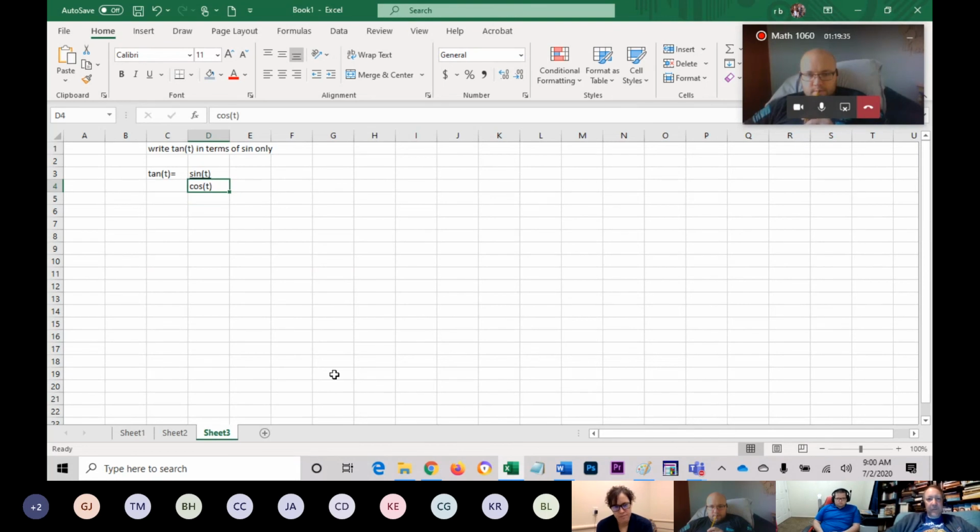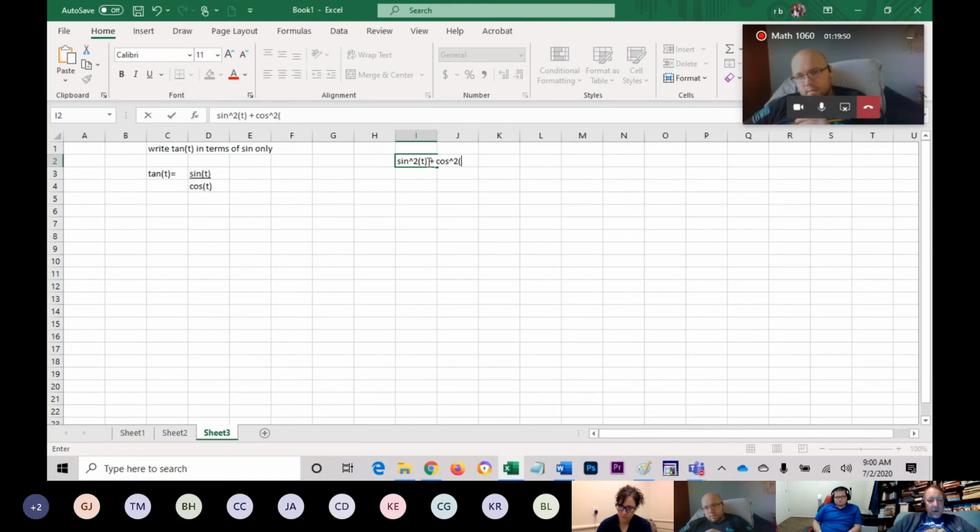Does that make sense? Now, one of the other identities we had was the sine squared of t plus the cosine squared of t equals 1.